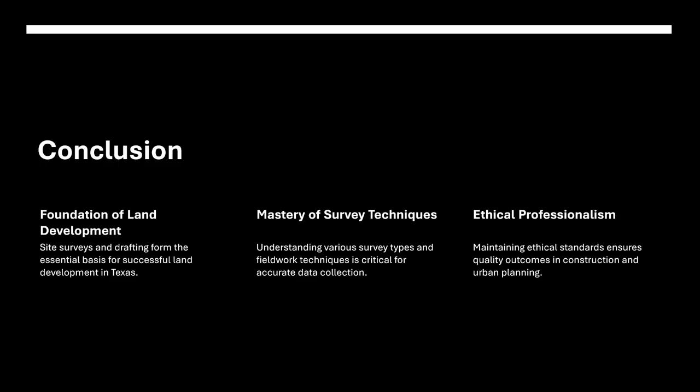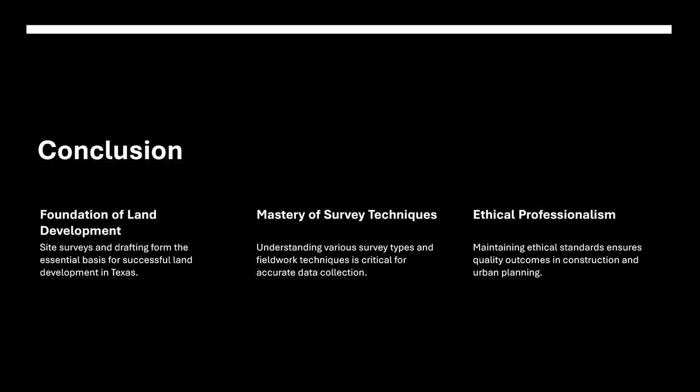We then turned to field procedures. We saw how scope of work defines the mission, how crews use GPS and total stations to collect thousands of points, and how coding preserves the link between what was observed in the field and what is drafted in the office. We recognize that Texas adds its own challenges: expansive soils, floodplains, dense urban utilities, and that the drafter must interpret data with awareness of these realities.